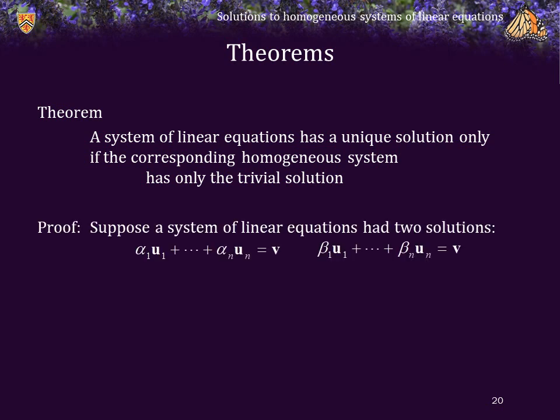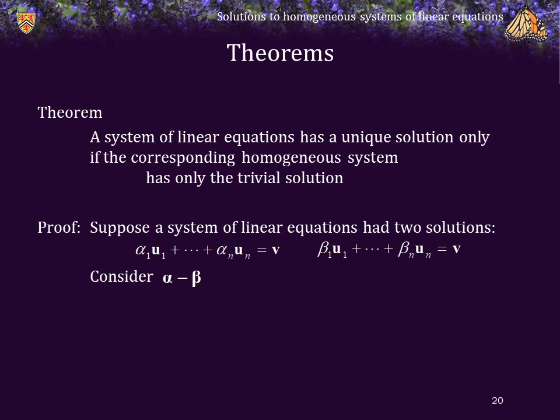All right, suppose our system of linear equations has two solutions. So alpha 1 through alpha n are the coefficients that allow the first linear combination of the vectors u1 through un to equal the target vector, and also beta 1 through beta n are the coefficients on the right-hand side that allow the left-hand linear combination of vectors u1 through un to equal the target vector v.